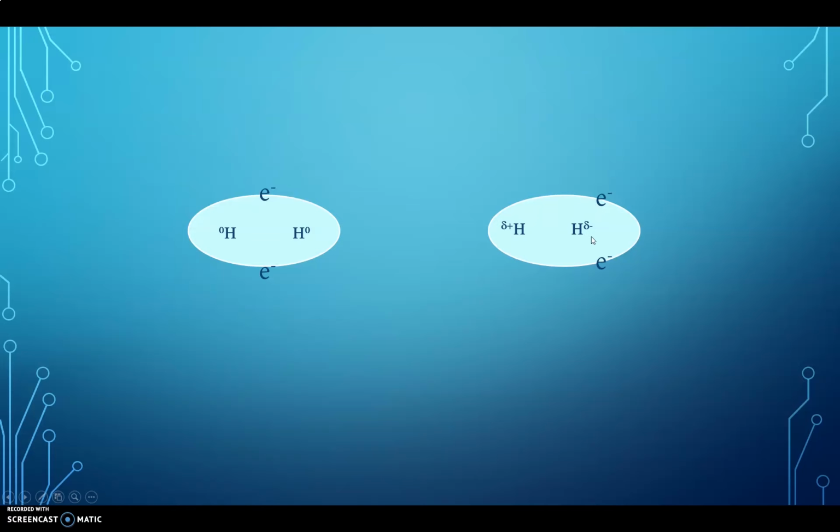Now, for this particular instant in time, the electrons have moved to one side, and now this end of the molecule has more electrons, and it makes this end of the molecule negatively charged, and the other is positively charged.